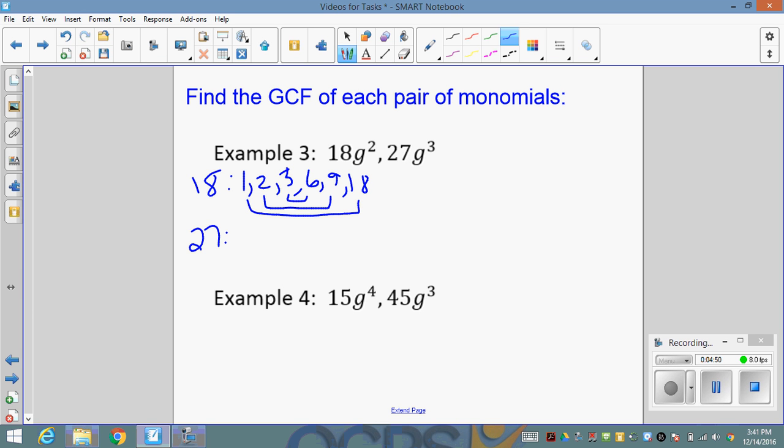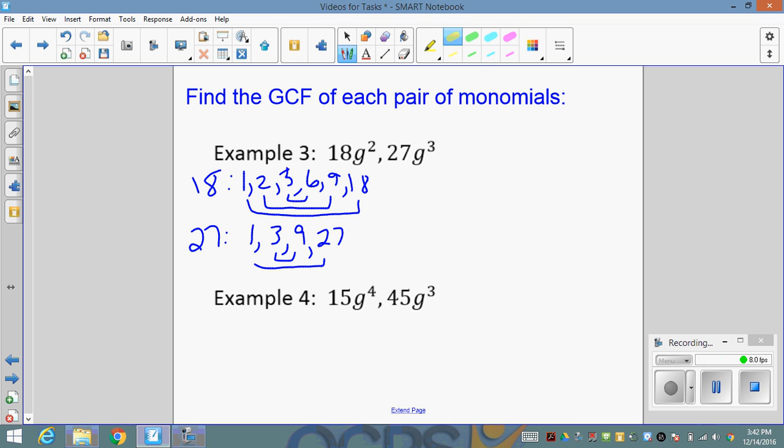And then my factors for 27. 1 goes. It is not even, so 2 does not. 3 does. 4 does not. 5 does not. 6 does not. 7, 8, 9, and since it's 3 times 9, I know I can go to 1 times 27, because they always occur in pairs. Perfect squares, the middle one forms a pair with itself.